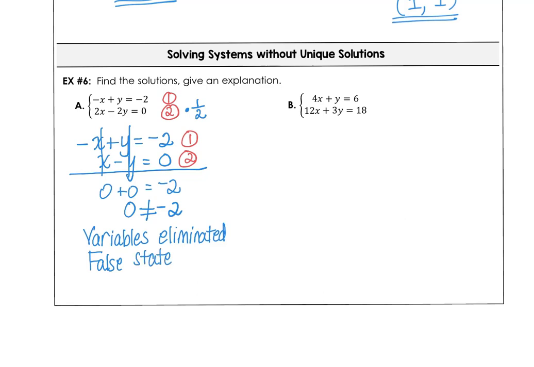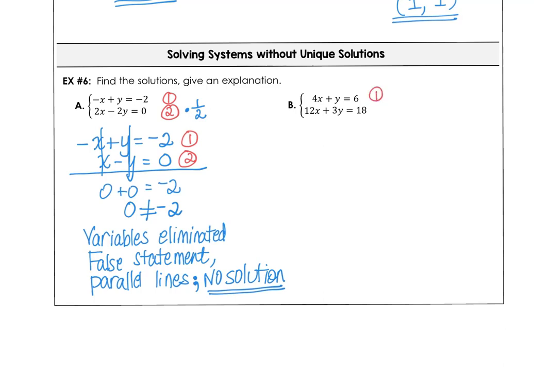This is going to turn out to be parallel lines. So the lines are parallel. There's no solution. Anytime all of the variables disappear and your statement is false, you have parallel lines, no solution.